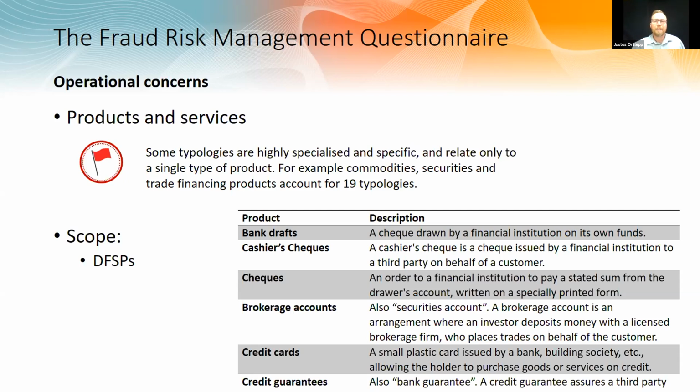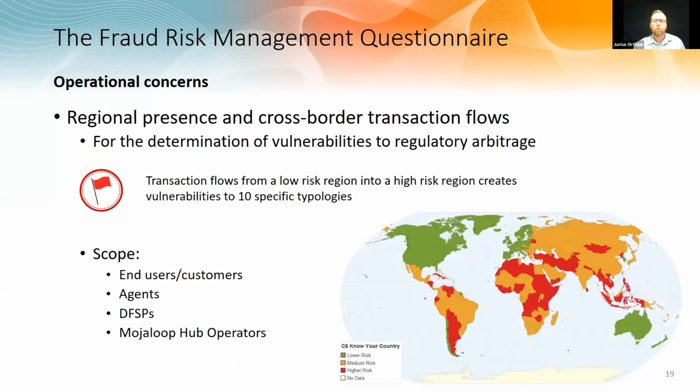For example, a DFSP that offers services in commodities, securities, and trade financing products accounts for up to 19 different typologies that can be detected within the ecosystem. We also looked at regional presence and cross-border transaction flows, in particular where flows are from low risk to high risk countries, and we'd spoken about that earlier when we adapted our APRICOT model.